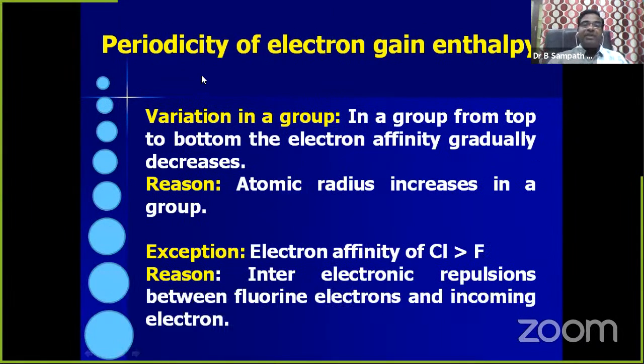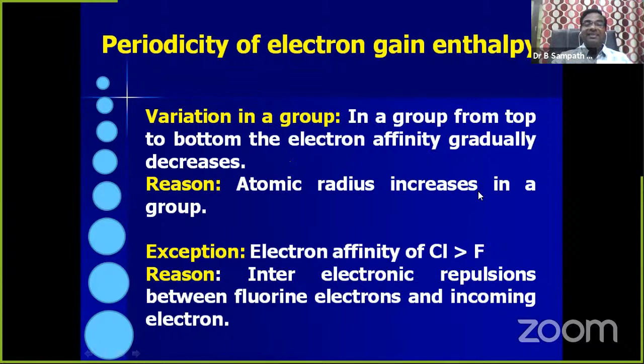See children, periodicity of electron gain enthalpy means how it varies in a group and period. Let us see variation in a group. In a group from top to bottom, the electron affinity gradually decreases. Why does electron affinity decrease?